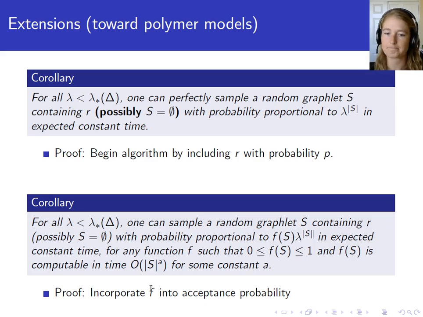That's it. So we can modify our probability distribution by multiplying every probability by a number between 0 and 1. Everything still works the same.